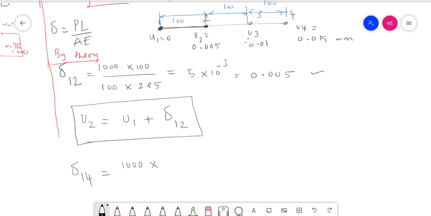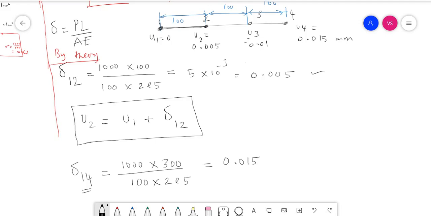So 1000 times length will be 300 now over 100 area. E is this. Now if you see, you will have 3000 over 2E5. You will have 0.015. This is delta 1 4.